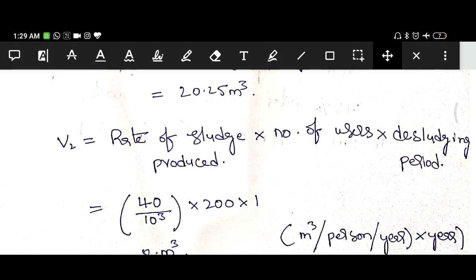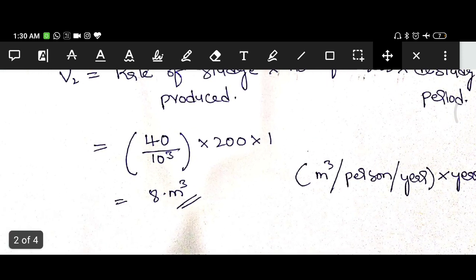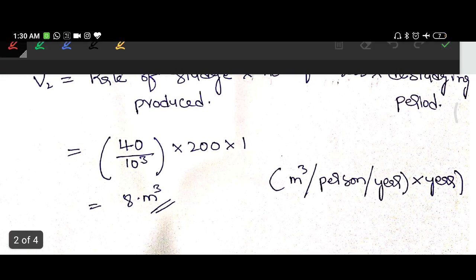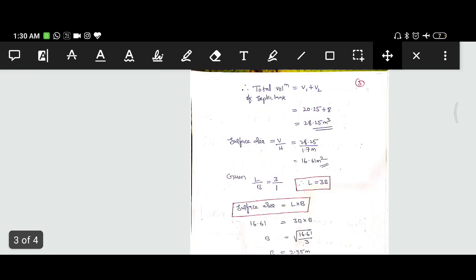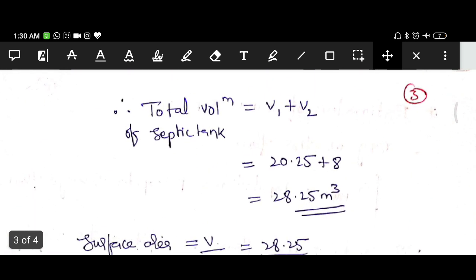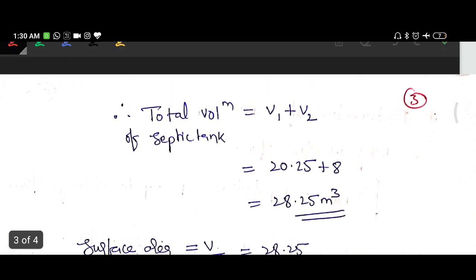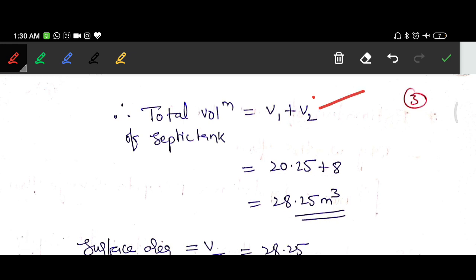So we get the answer as 8 meter cube. Now we have got V1 and V2. Put the values into total volume. The total volume will be V1 plus V2, that is 20.25 plus 8, which gives 28.25 meter cube.